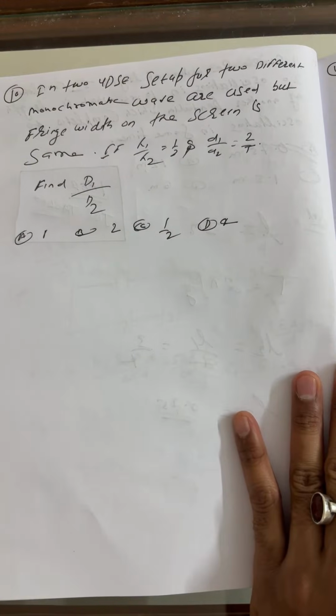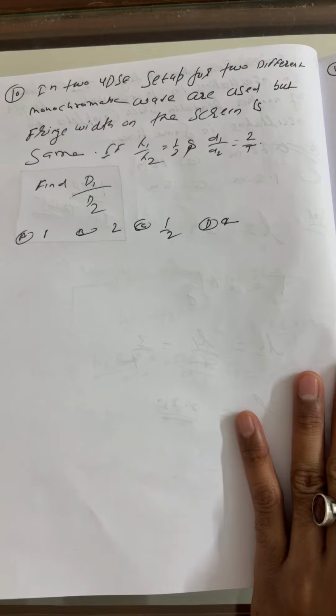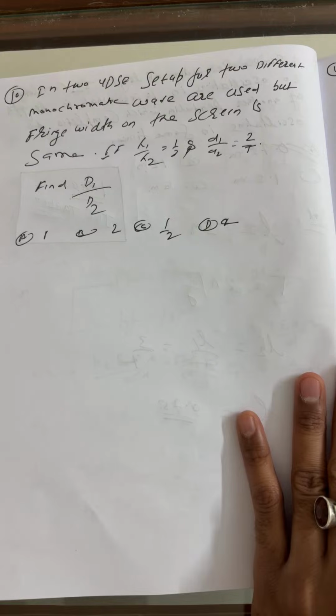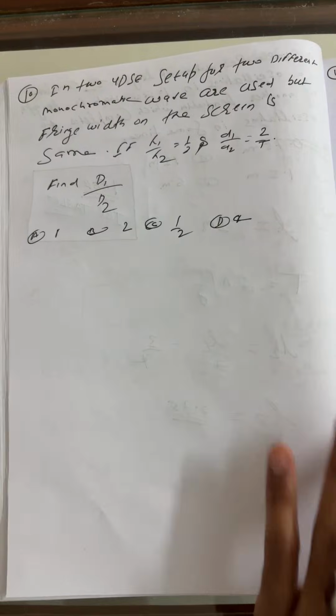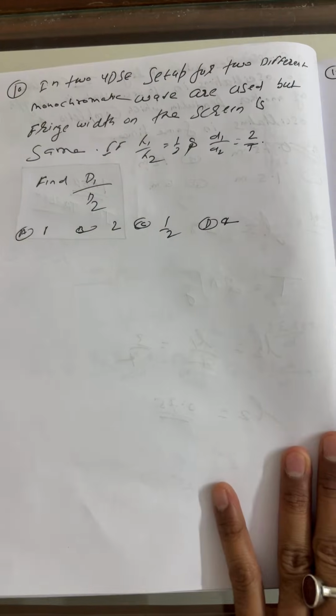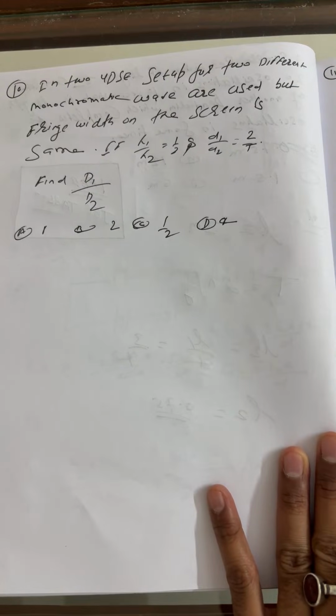So what does the question say, students? In a Young's double slit setup, different monochromatic waves are used but the fringe width on the screen is the same.